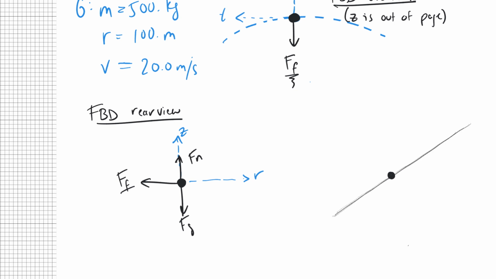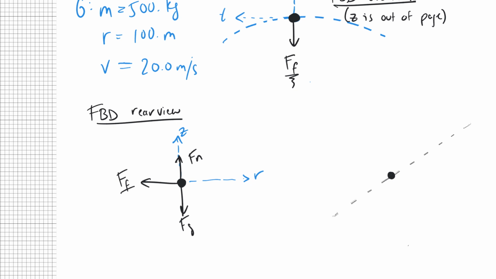So my car is a dot, and I'm going to draw a dashed line, really light, because I'm going to erase it later. The reason is that I don't like you to draw anything other than the three things that go onto this free body diagram. So here's my car.